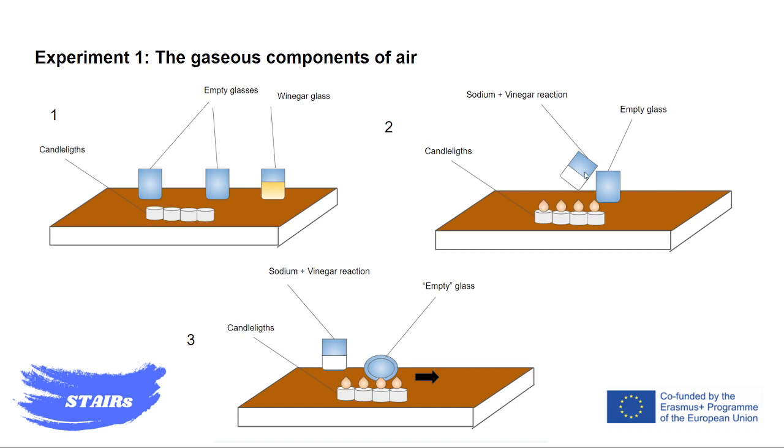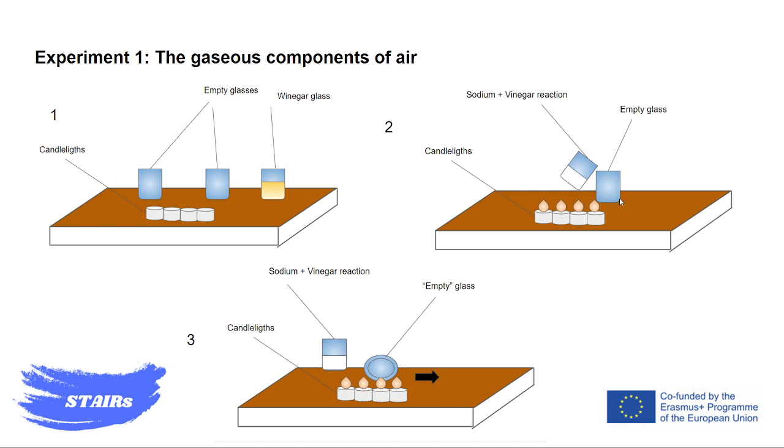Then you have to put the sodium bicarbonate and vinegar reaction near the empty glass. The carbon dioxide has a high density, so it's heavier, and it will flow down into the empty glass because it's heavier.